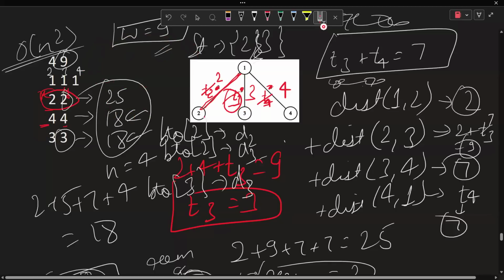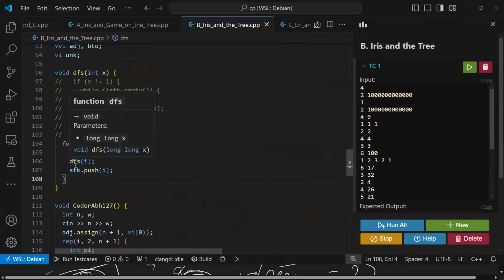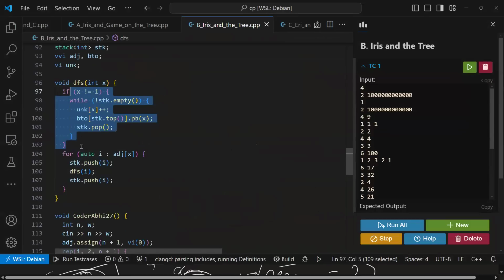I am storing that by putting them in a stack and then emptying it when I move to a node. So what I did here is I took a stack. Before traversing, I put it, and after I have traversed, when I'm backtracking, there also I'm putting. So the edge can occur in two ways, either when I'm moving to it or when I'm backtracking through it. In both of the times, I'm putting it into a stack, and let's ignore this if condition for now.